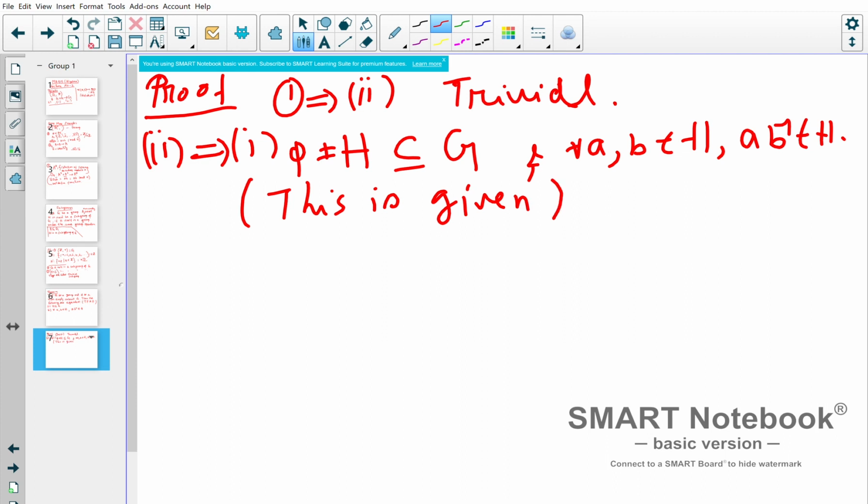Now, as H is a non-empty subset of G, let us choose A belonging to H, because a non-empty set contains at least one element.